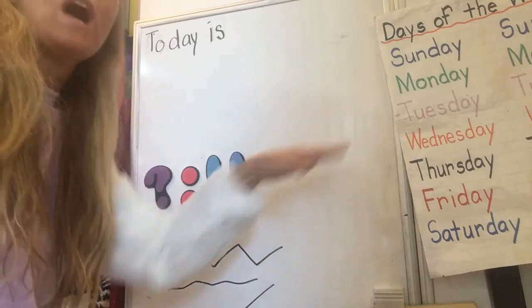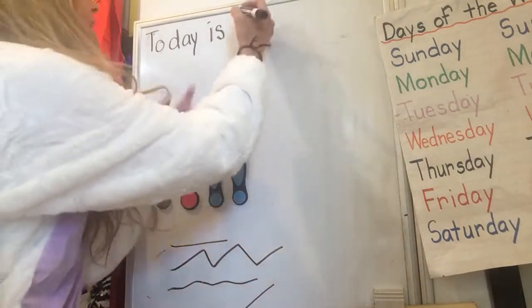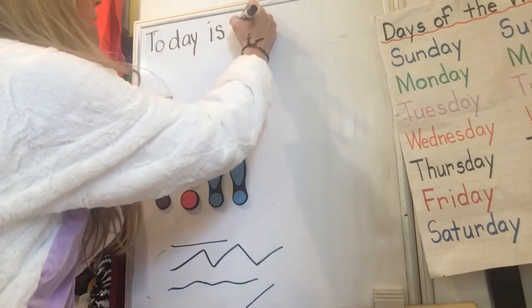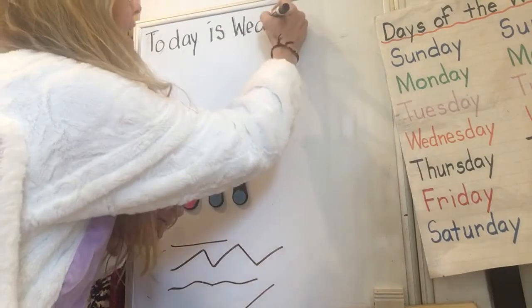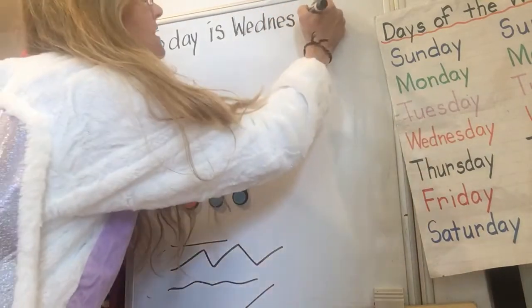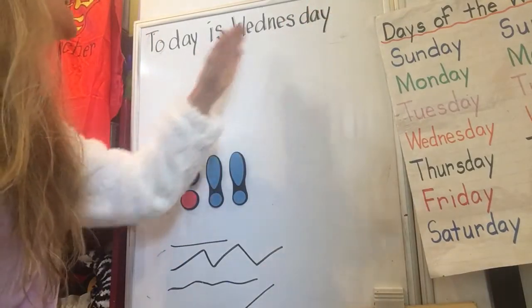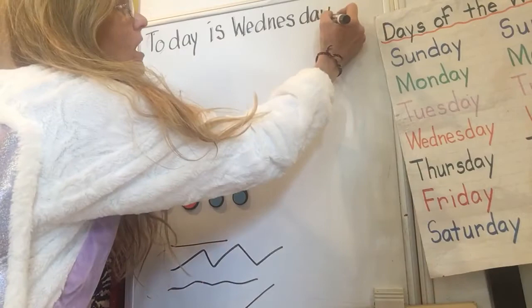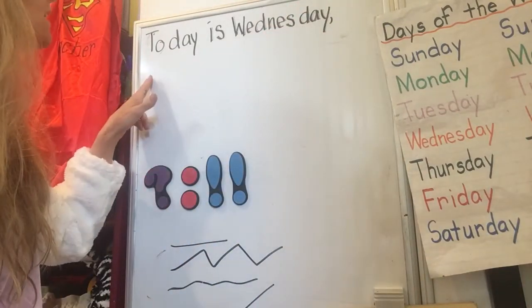And yesterday was Tuesday, so today is Wednesday. Capital W-E-D-N-E-S-D-A-Y. Today is Wednesday, comma. I don't have a whole lot of room, so I think I'm going to sweep back.